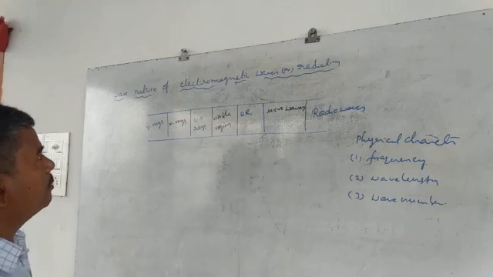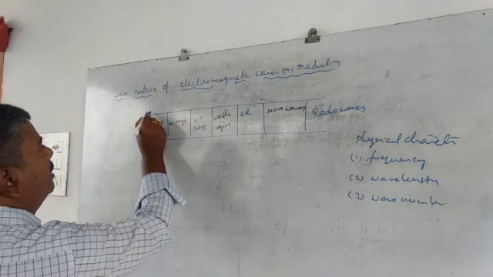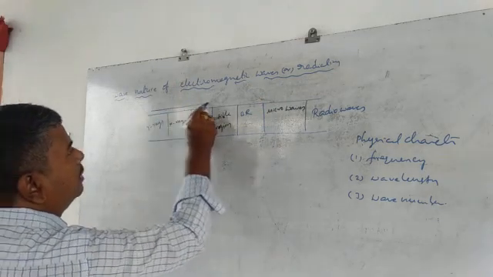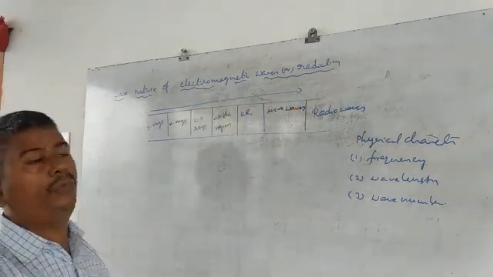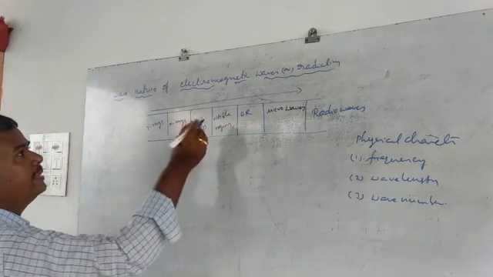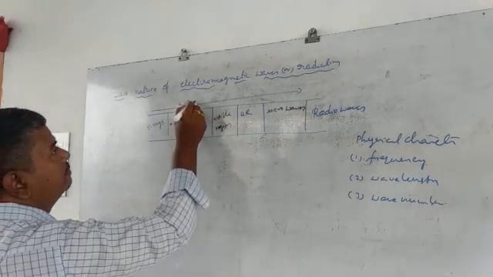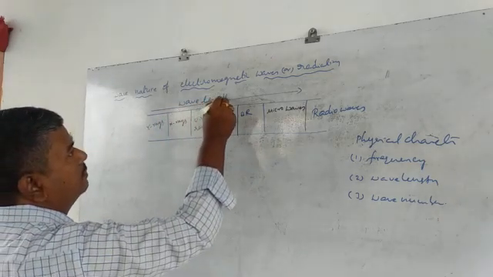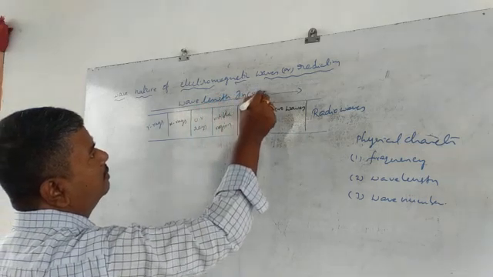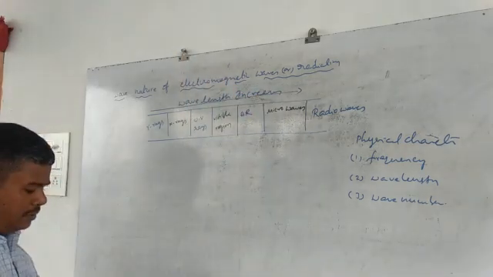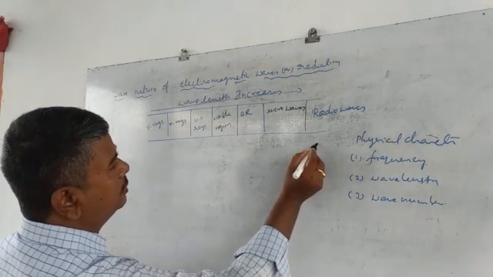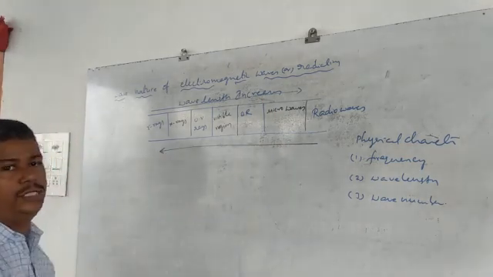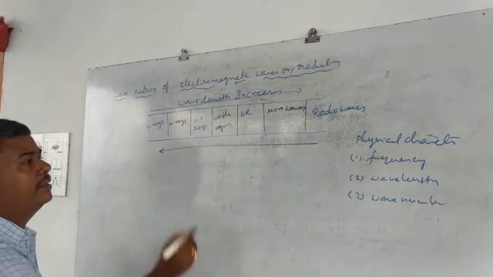So while you are moving from left to right, what happens here? The wavelength increases. Whereas moving from right to left, what happens?